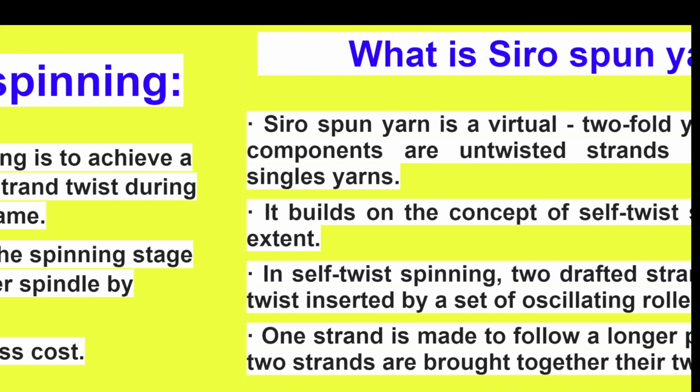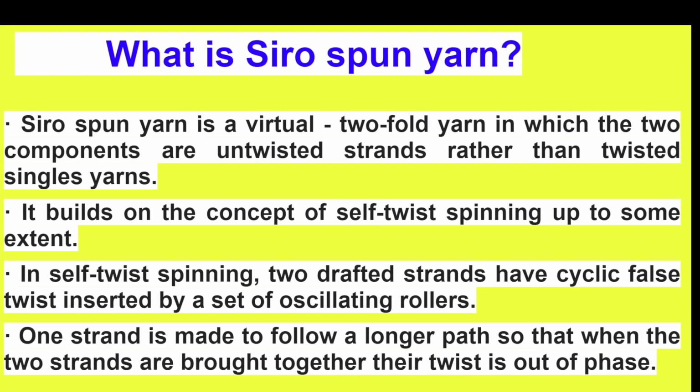Guys, now I will tell you what Siro spun yarn is. Siro spun yarn is a virtual two-fold yarn in which the 2 components are untwisted strands rather than twisted single yarn.